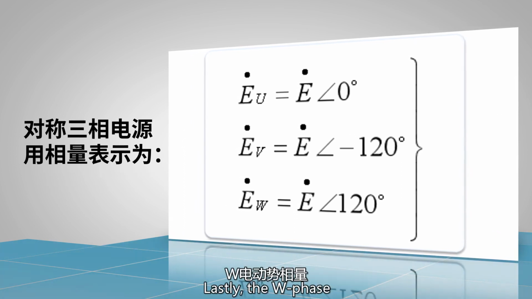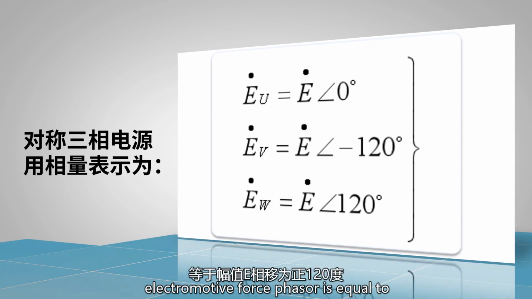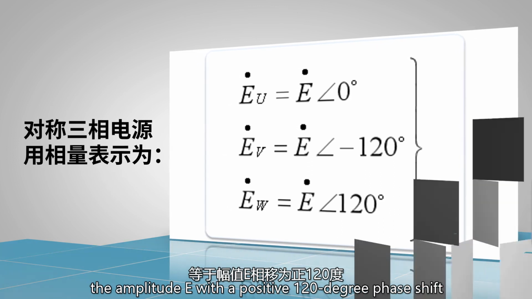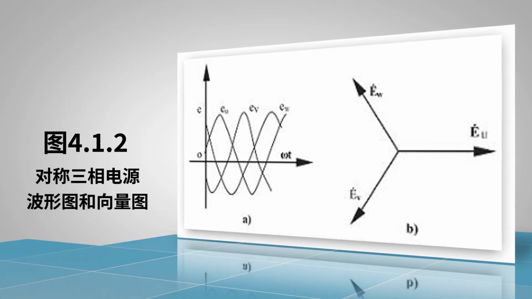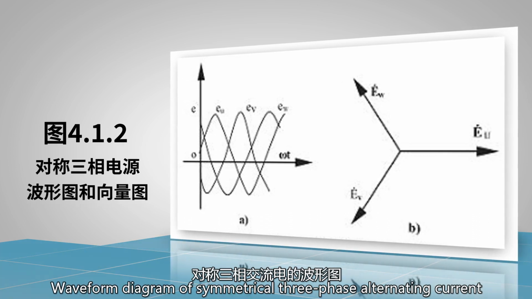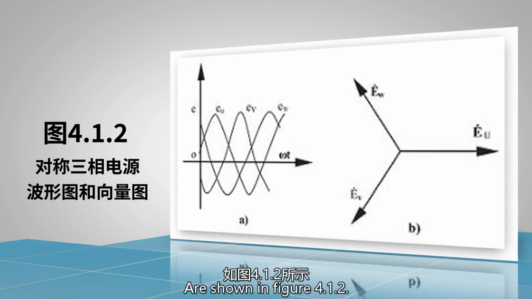Lastly, the W-phase electromotive force phasor is equal to the amplitude E with a positive 120-degree phase shift. The waveform diagram and phasor diagram of symmetric three-phase alternating current are shown in Figure 4.1.2.